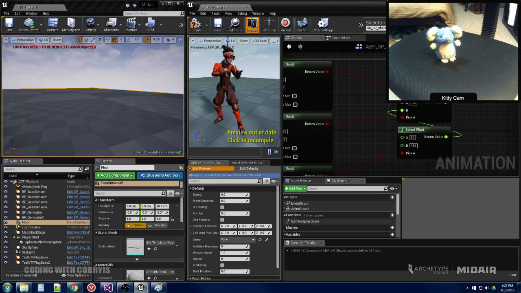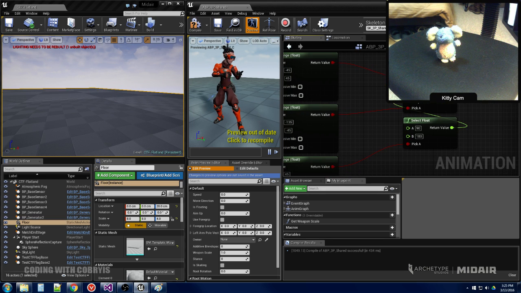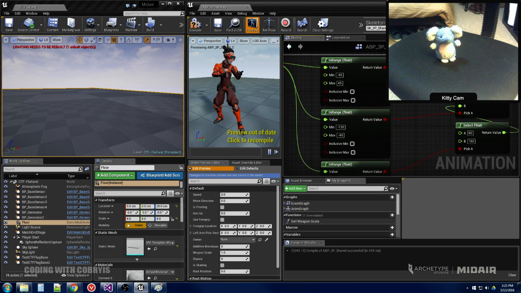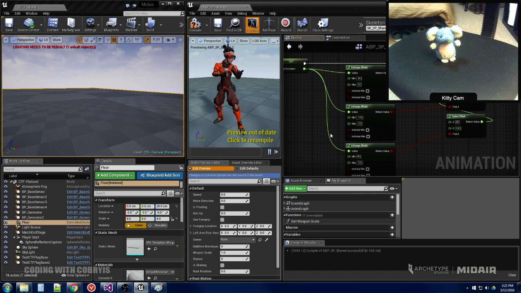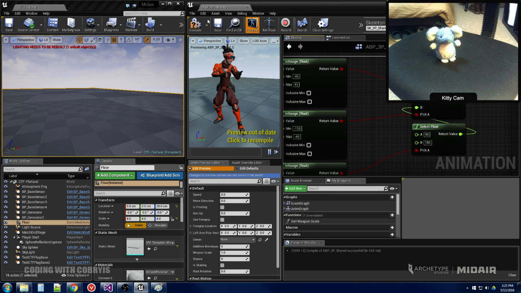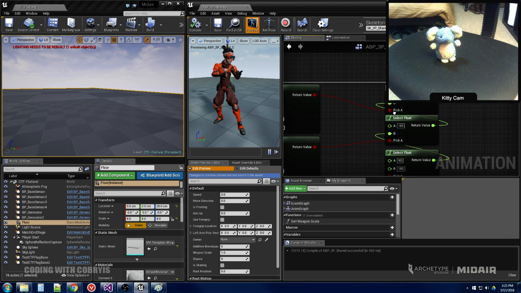If we can't pick A, we'll try to pick from B, which will pick from here. Each one of those is chosen based on those angles that I showed you, or if I'm within the min and max. So really quick, let's just see how this works.